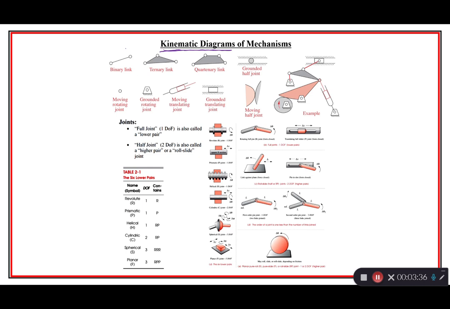So we might have a basic binary link with a moving joint or with a ground. Those are the basic building blocks that we will use most often. But we can also make them more complicated, because we can make a link that has three things connected to it, or 4 things, or any number that you want to make.